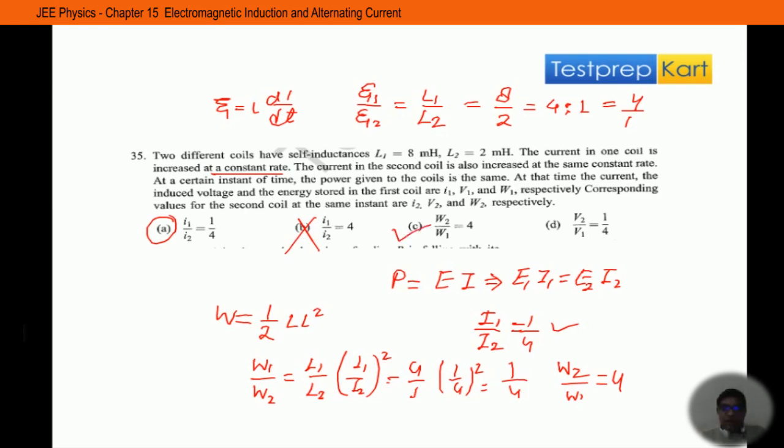And V1 over V2 is 4:1. E and V are the same, please keep in mind this is voltage or EMF. So V2 over V1 is just the reverse, 1 over 4. So in this question A, C and D, three options are correct because all these quantities are interrelated.